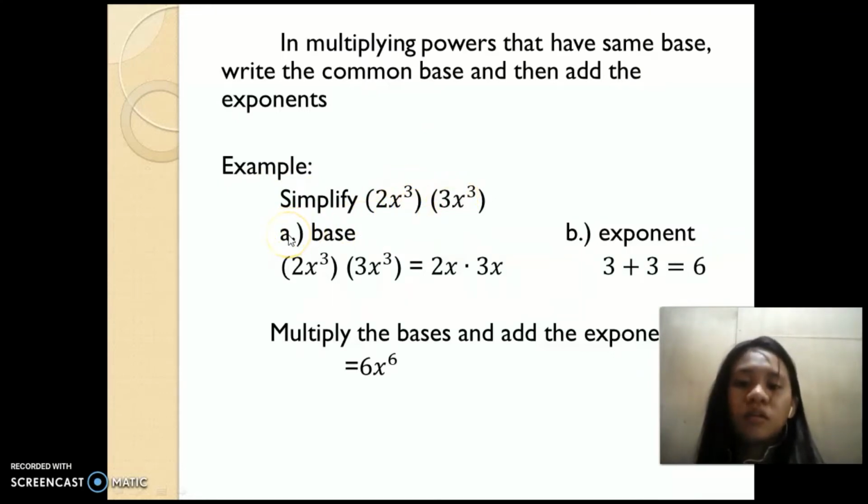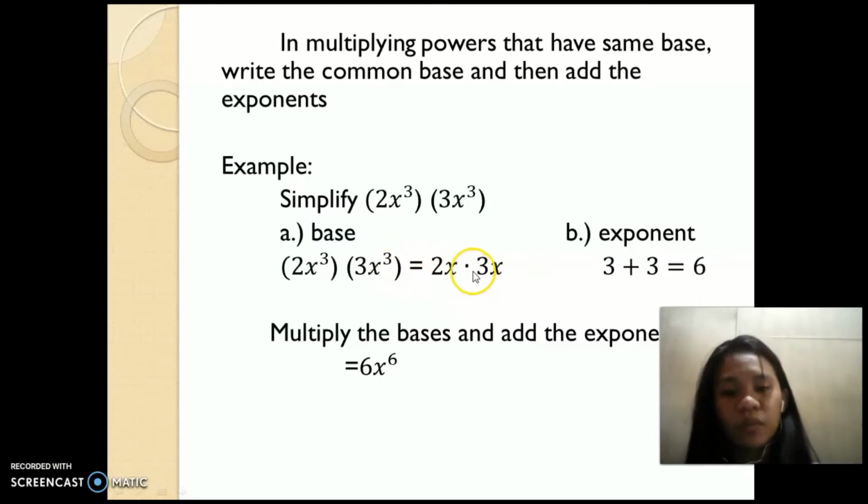So we have 2x raised to 3 times 3x raised to 3 is equal to 2x times 3x. We're just going to separate our base because our base is 2x times 3x, and our exponent is 3.